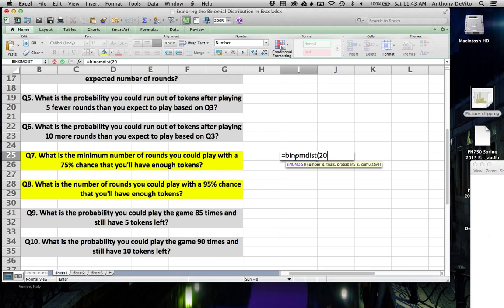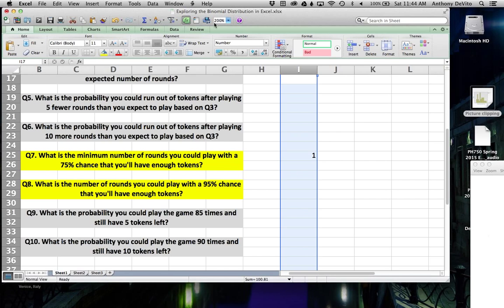How many times can I play? Let's say I play 80 rounds, so the number of trials is 80, comma, my probability of losing is 0.25, comma, and cumulative. I could lose up to 20 times. So out of your 80 rounds, you lose 19, 18, up to 20.